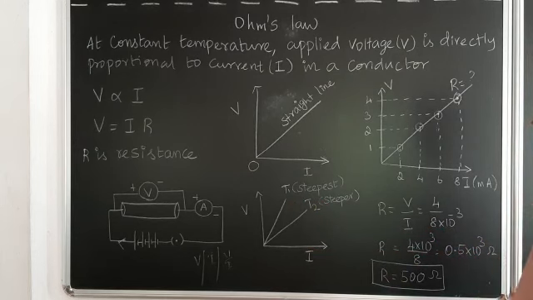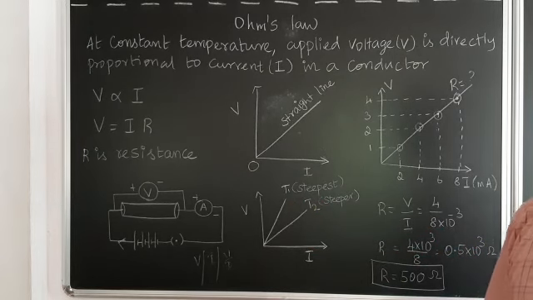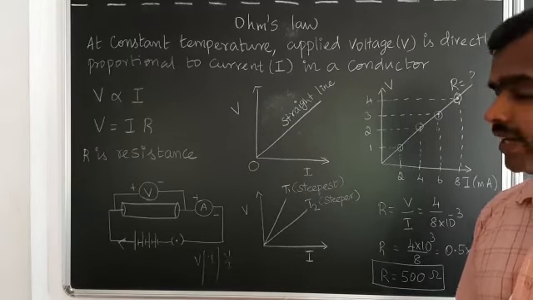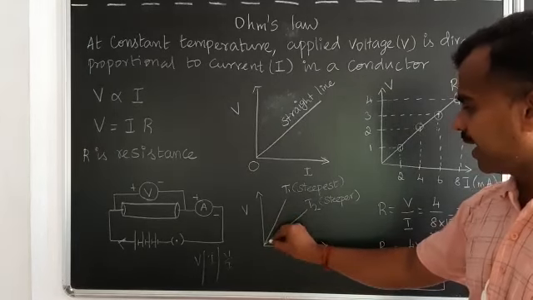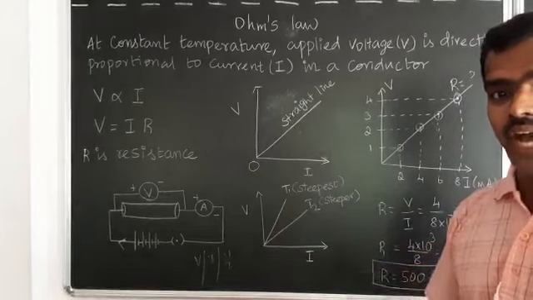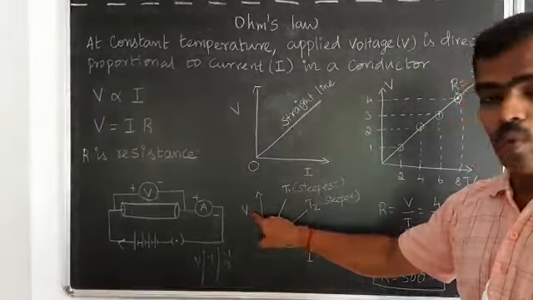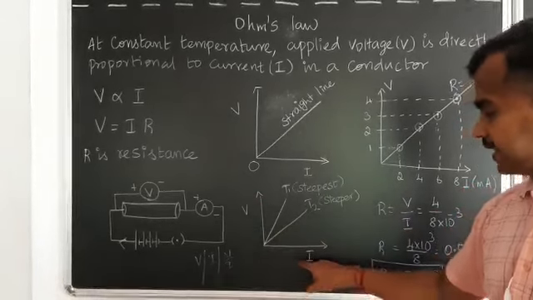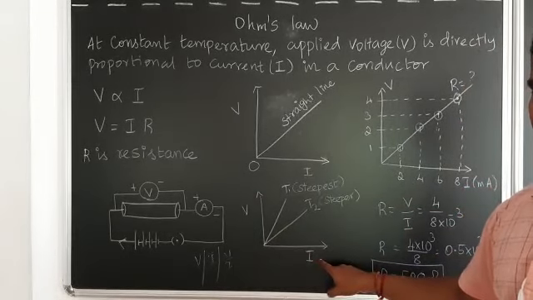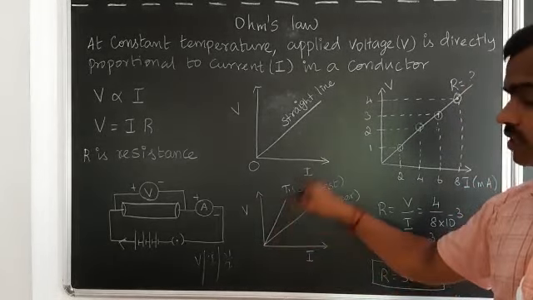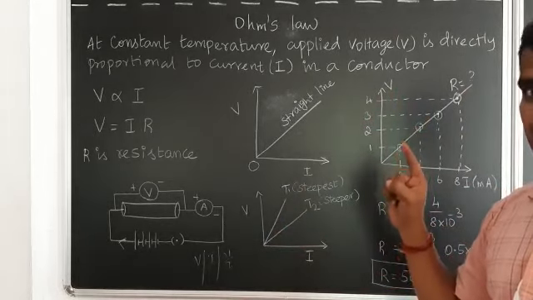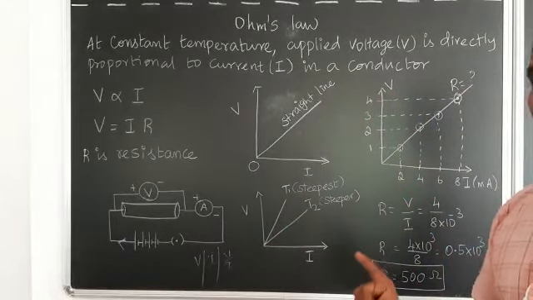From that, which one will have higher resistance? Remember that in a graph with V on the y axis and current I on the x axis, the steepest straight line will have the higher resistance value.